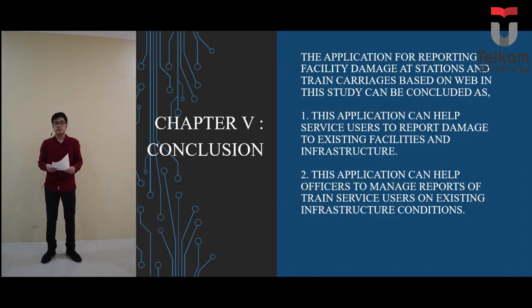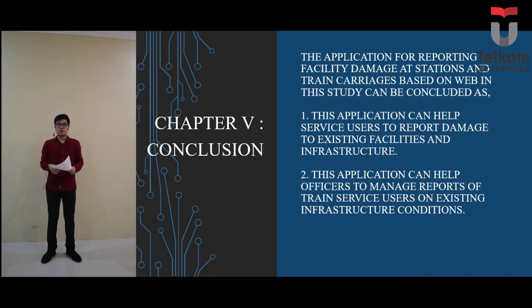Next, for chapter 5, conclusion. The application for reporting facilities damage at stations and in train carriages based on the web in this study can be concluded as follows: this application can help service users report damage to existing facilities and infrastructure.